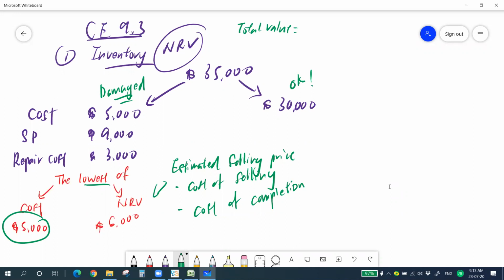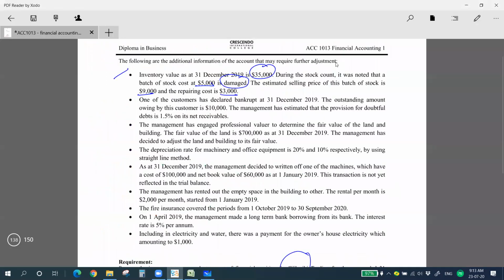The total value is 30,000, the okay one, plus the damaged product 5,000. So total value 35,000. Meaning that later on when we record the closing inventory, we use the 35,000 as the value. All right, you can record this.